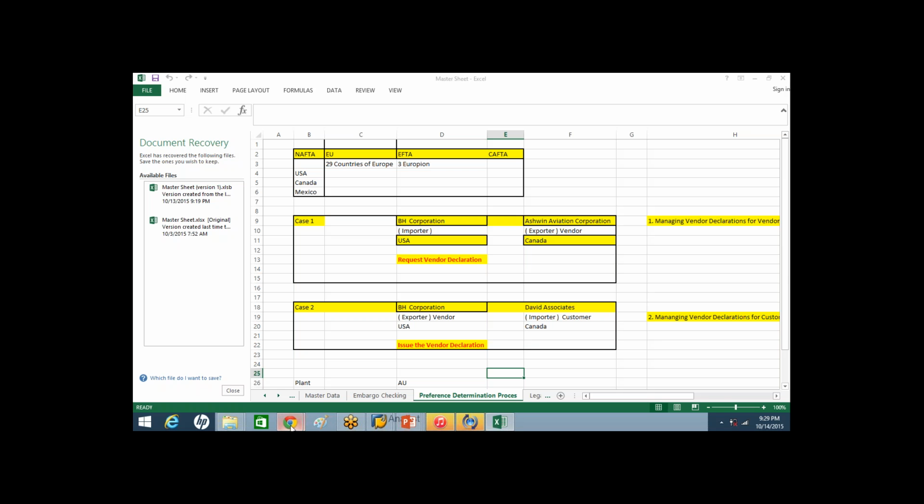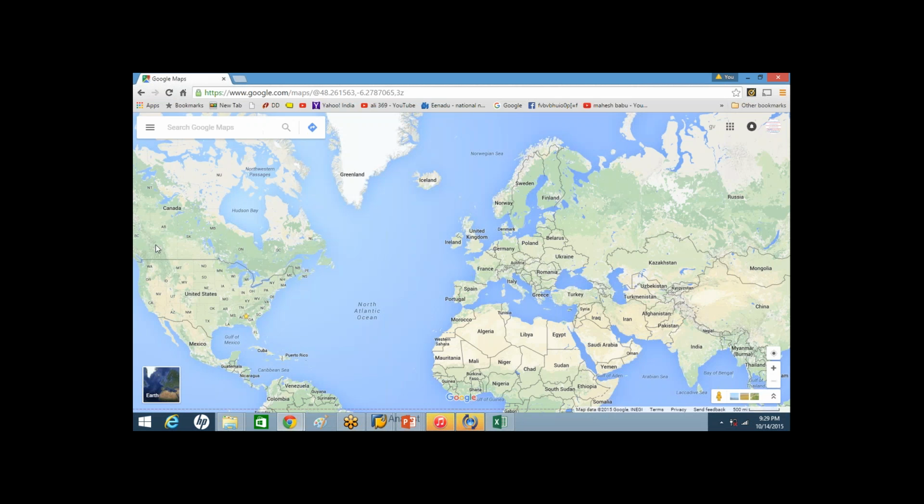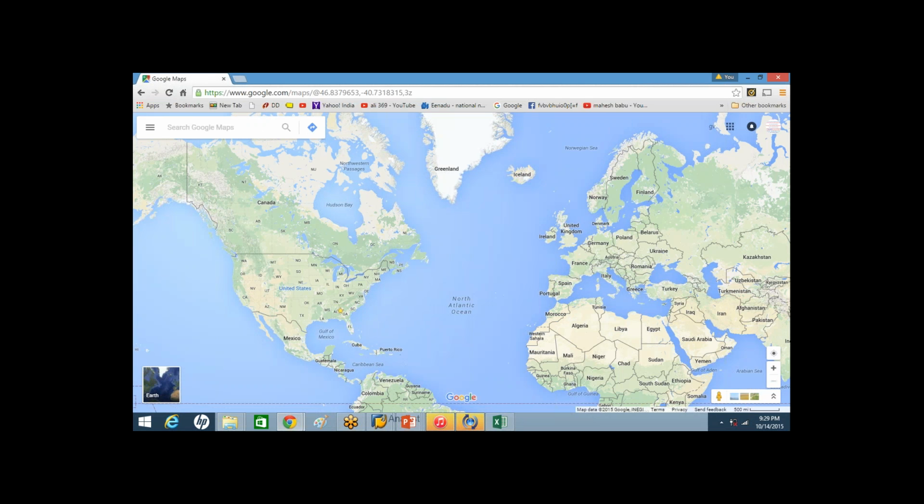I'm going to the map. Let us say your client is in the US, and your client is importing from Canada. Who is supposed to get the benefit? Let us say there is a company called Bell Helicopters, based out of Texas, part of the Textron Group.